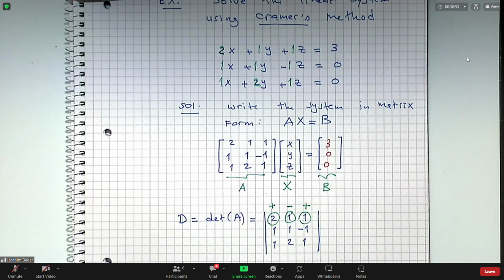So, first determinant. Five. Okay, let's see other answers.